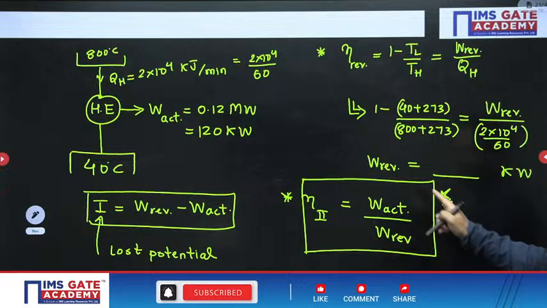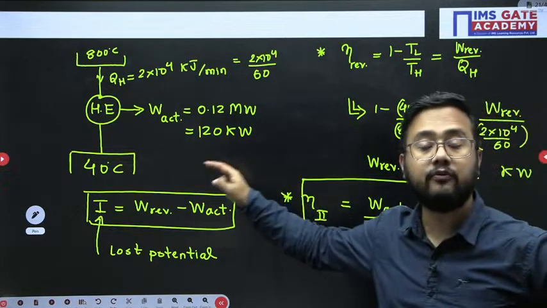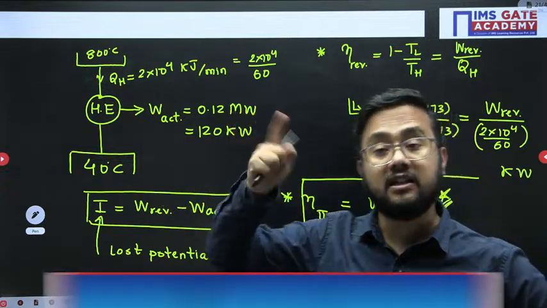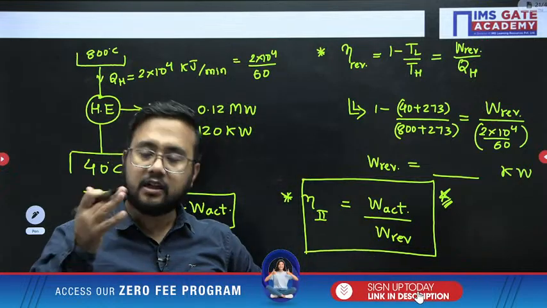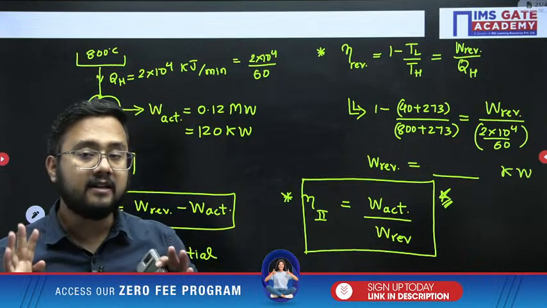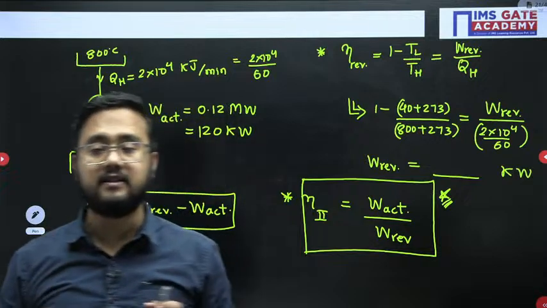Okay. So second law efficiency is actual work divided by reversible work if it is a case of a heat engine, which is a work producing device. If it is a work consuming device, in that case the reverse will happen, because actual work will be much more than the reversible work. Understand the difference between work producing devices and work consuming devices.